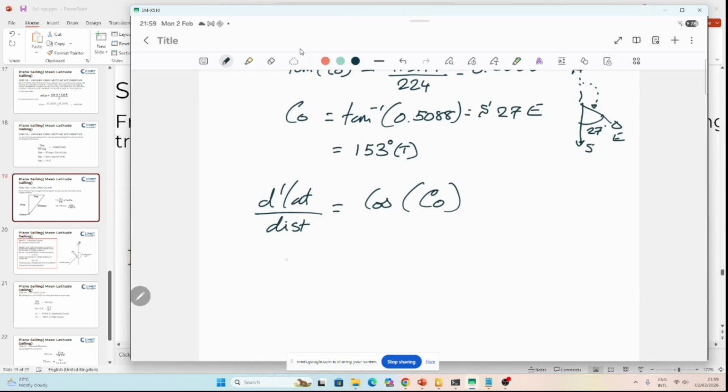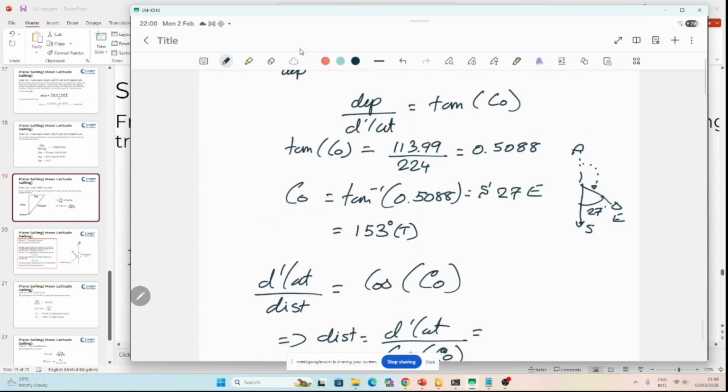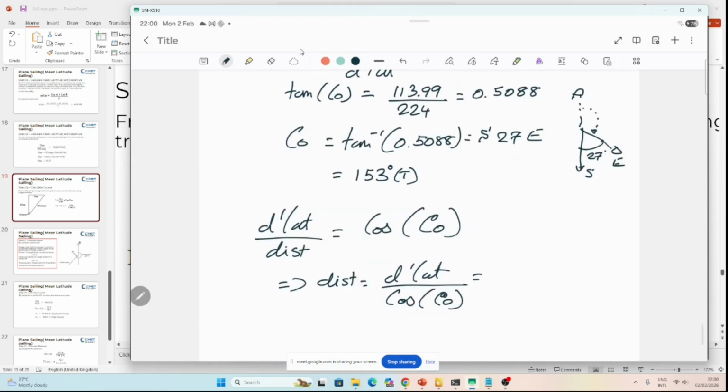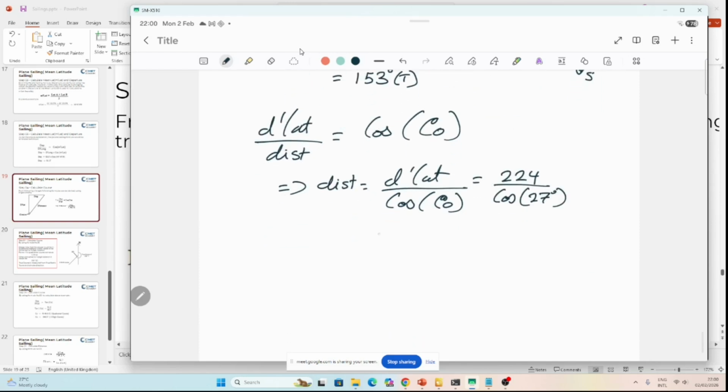So distance equals d lat divided by cos course. D lat here is 224, cos 27 degrees, and the distance is 251.4 nautical miles.